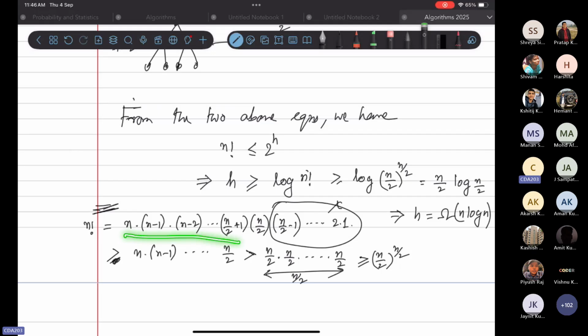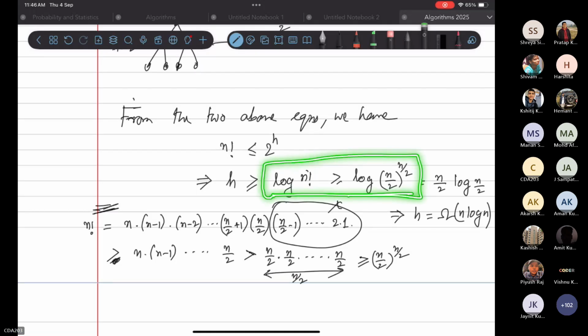I have taken half of this. It's n by 2 many terms, right? So it's n by 2 into n by 2, and this is n by 2 many terms. So it's like n by 2 to the power n by 2. That is what I have used in here. n factorial, I have replaced by n by 2 to the power n by 2. This is n by 2 log n by 2.